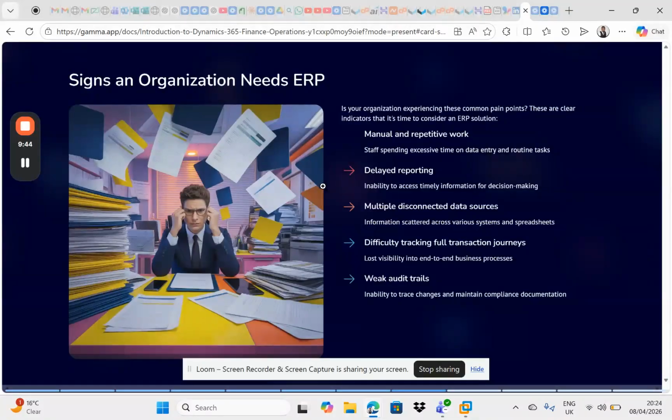If you have delays in reports, maybe location-wise, or inaccurate reports, it's a signal that you definitely need an ERP system. Also, when data is disconnected, if you find in an organization that your data is not centralized and there are a lot of discrepancies, that is an indication that you need an ERP system.